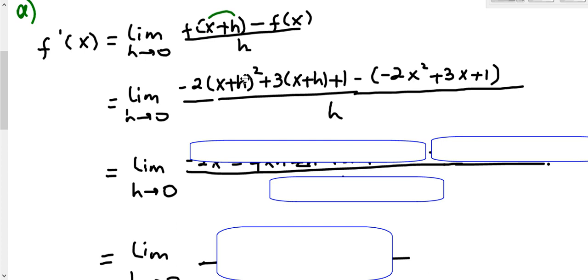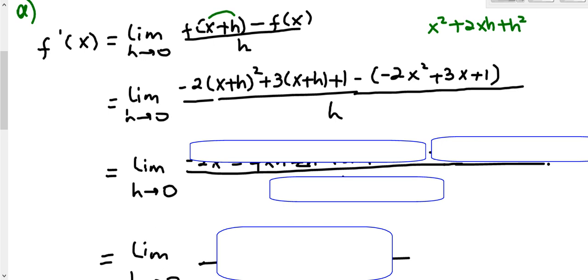So x plus h quantity squared, you're going to need to FOIL that, right? X plus h times x plus h. And once you simplify it, you're going to have 3 terms. The negative 2 will have to be distributed to each of those 3 terms. So just a quick reminder that when you distribute x plus h squared, you should get x squared plus 2xh plus h squared, right?